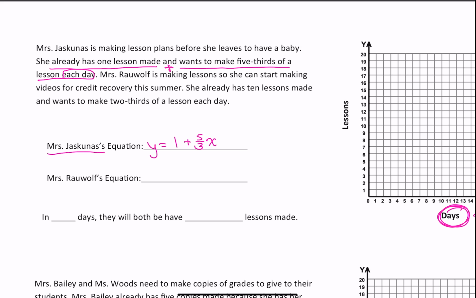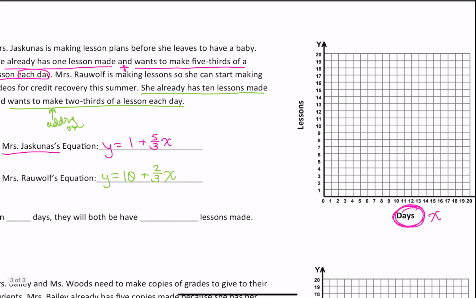Let's look at the next one about Ms. R. So she already has 10 made and wants to make 2/3. So we got y equals, she already has 10 made, plus she wants to make 2/3 each day. And there's my variable. Plus, if you make something, you're really like adding on. You know what I mean?